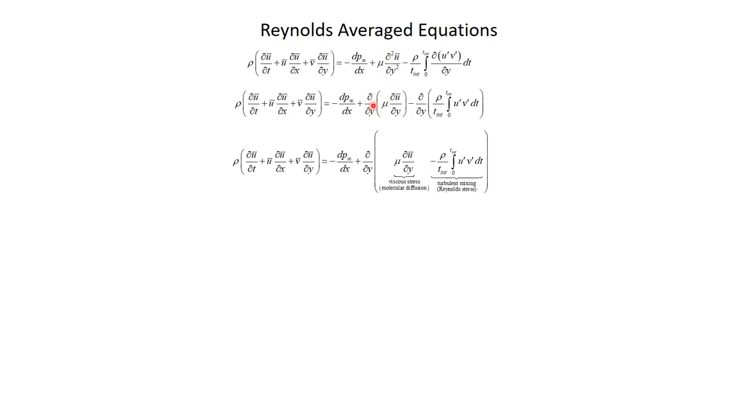So I have ddy of mu times du dy, and this is clearly then the viscous stress, right? Mu times du bar dy is the viscous stress based on the average u velocity. And then here I'll bring the ddy out of this integral. And what that lets me do then is combine this and this, and that's what I've done here, right?